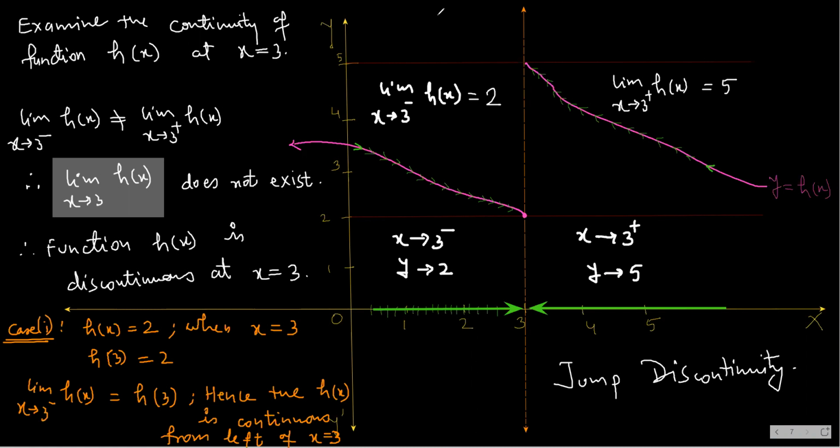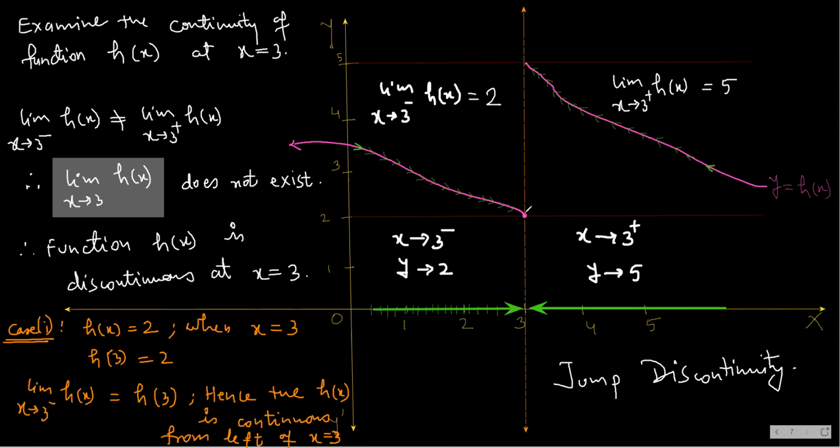And suppose this point which I drew here wasn't here and it was somewhere else, that is, when x is 3, the function value was say 5.